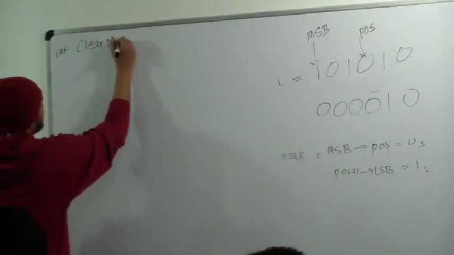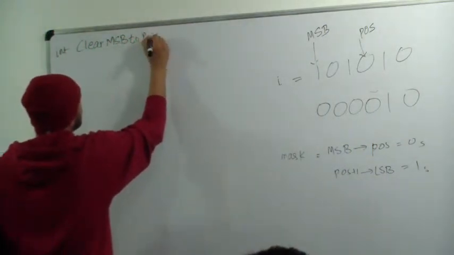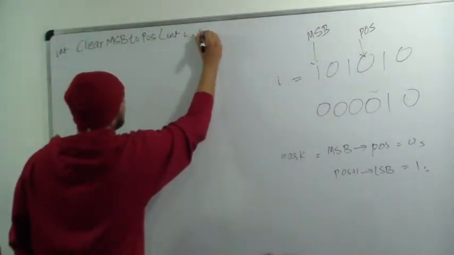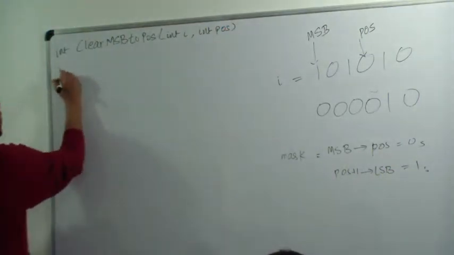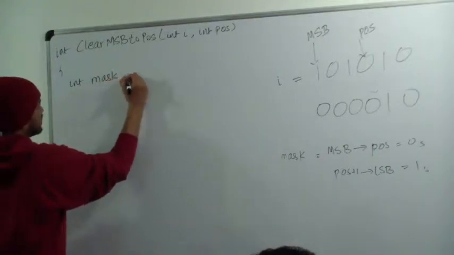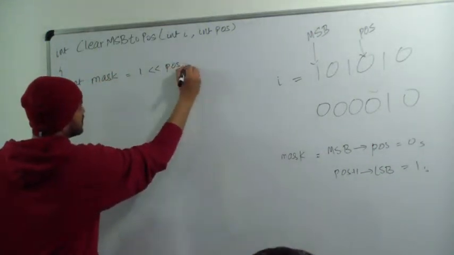Clear MSB to position. Given integer I and integer position, mask equal to 1 left shifted position times.